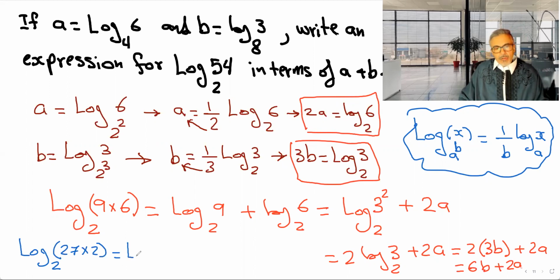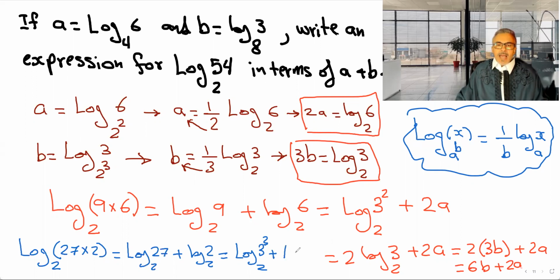And that will become log base 2 of 27 plus log base 2 of 2, which equals, 27 is 3 cubed, plus log base 2 of 2 is 1, because 2 raised to the power of 1 gives you 2. So log base 2 of 2 is 1.